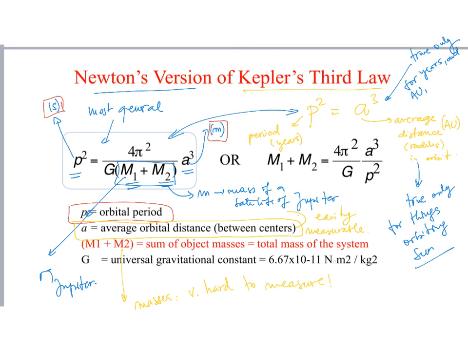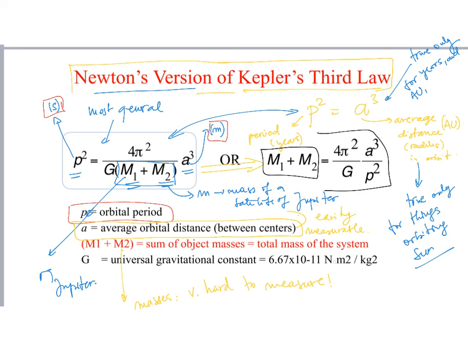Right? Because you just can't go with the balance beam and say, hey Jupiter, sit here, I'm just going to measure your mass. But with this formula, Newton's most general version of Kepler's third law, we are able to solve for the masses. That's the main way we weigh things in space, right?